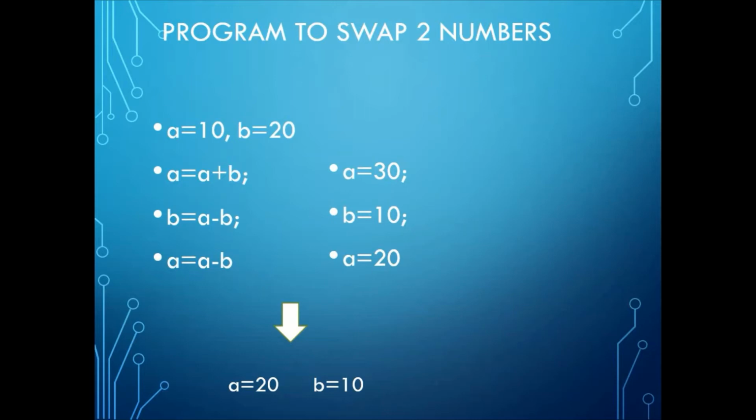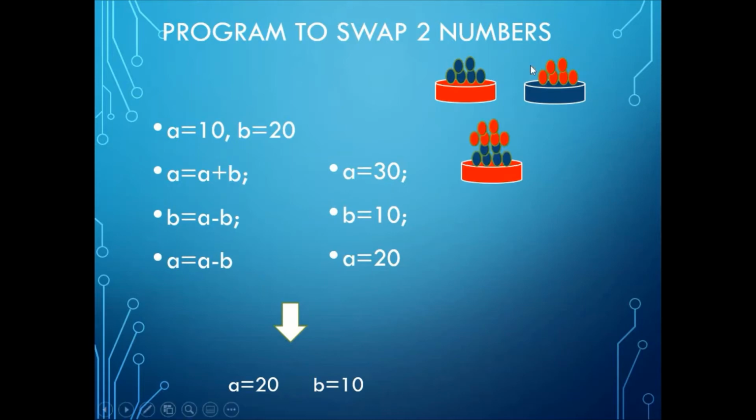In case of balls, how this is done, let us understand this. If we don't have another container, then what we do is, first we keep both the color balls in one of the containers. Let us take it as the red container, the first container.